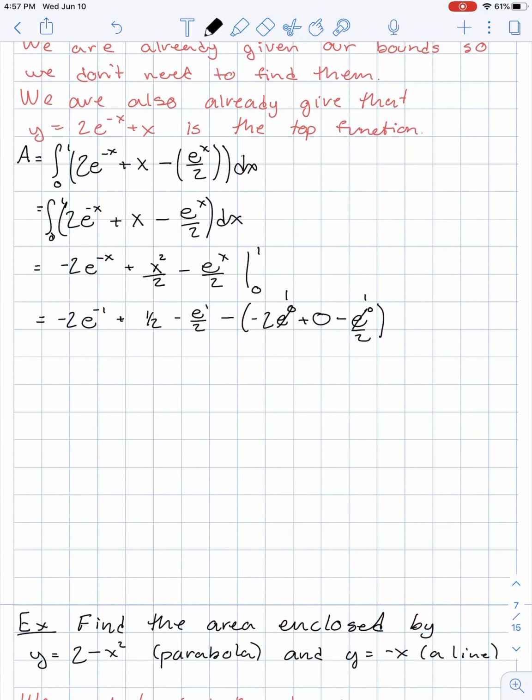So we're going to simplify this to negative 2 over e plus 1/2 minus e over 2, minus negative 2 minus 1/2.